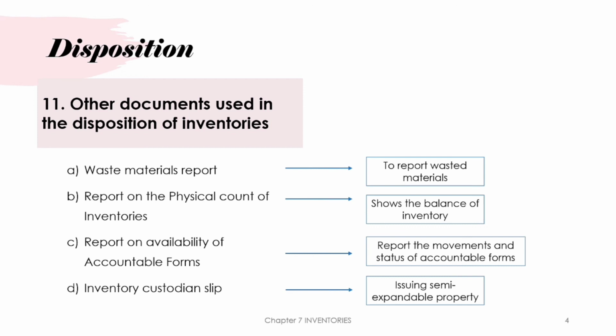So again, as we have heard from our reporter earlier, semi-expendable property are items which consist of machinery, equipment, furniture and fixtures, and similar items that are not capitalized as property, plant, and equipment because their costs are below the 15,000 capitalization threshold for PPE.